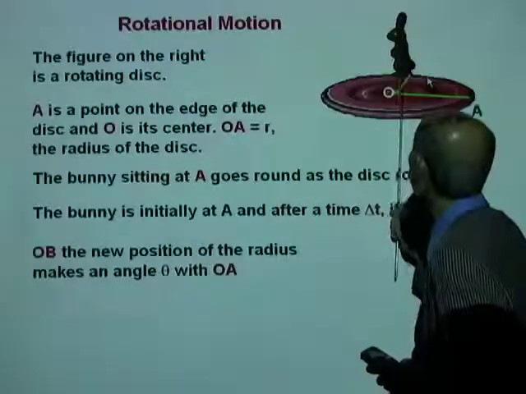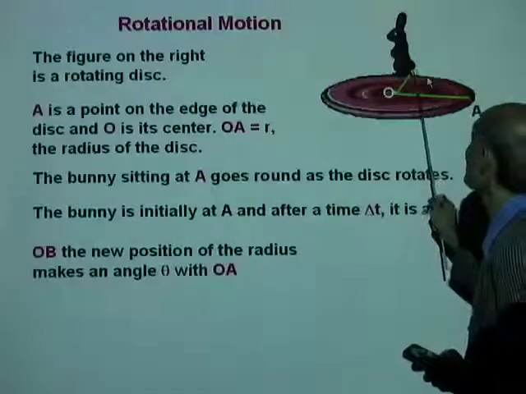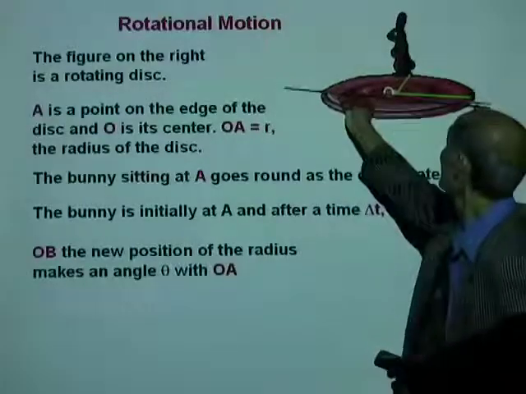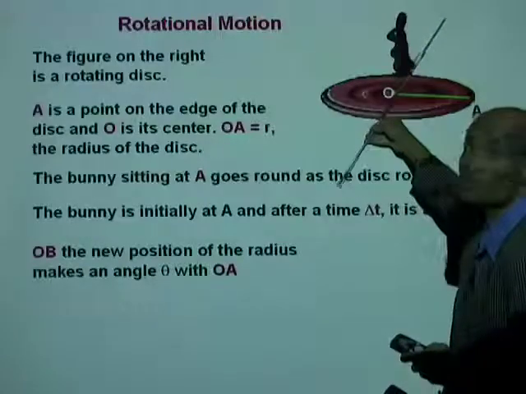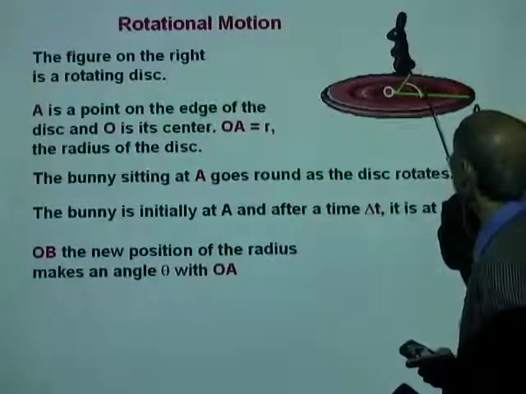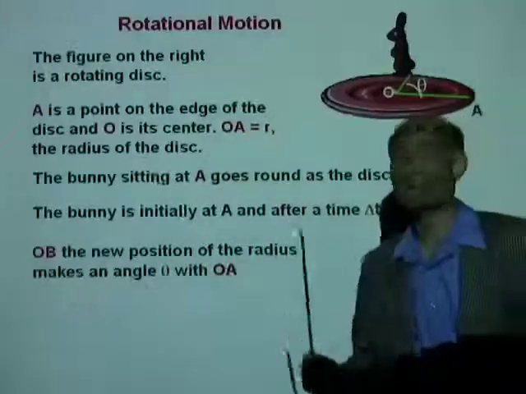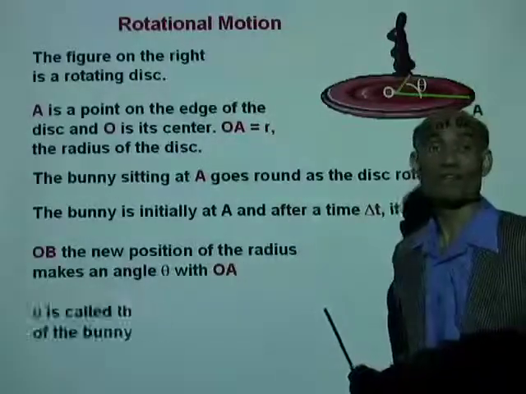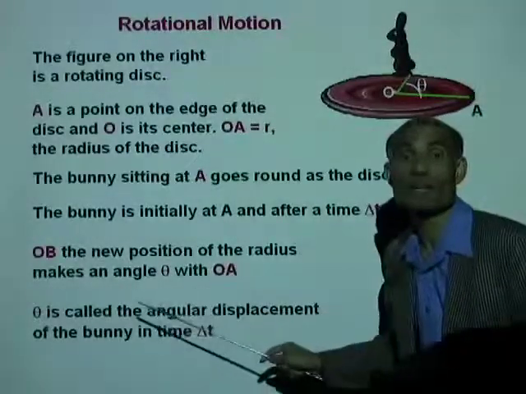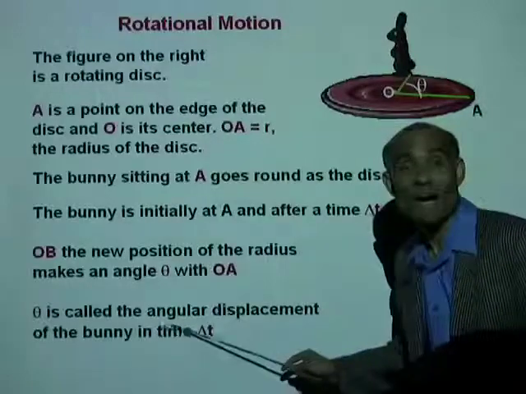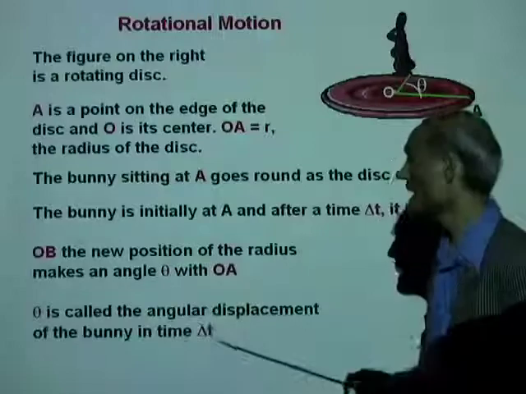OB is now the new radius. The radius OA has rotated to the position OB, describing an angle theta. We talked about all this in circular motion. Theta is called the angular displacement of the bunny, and this angular displacement happened in a time delta t.